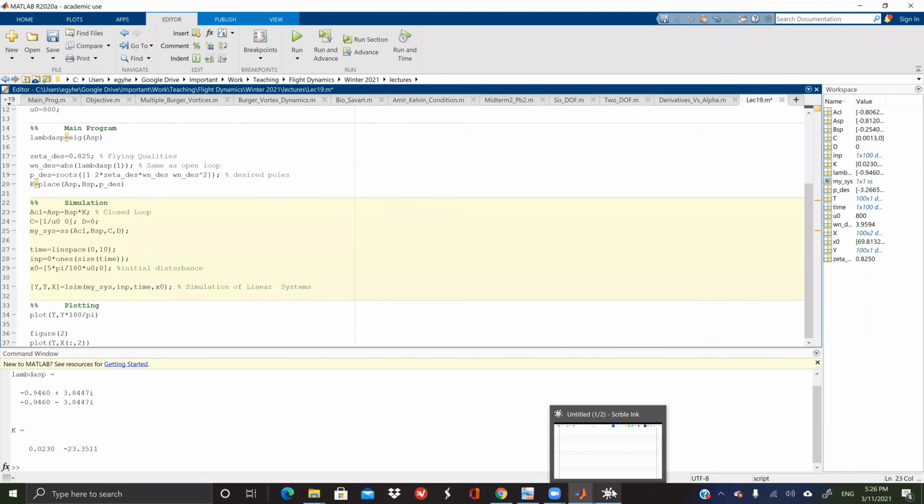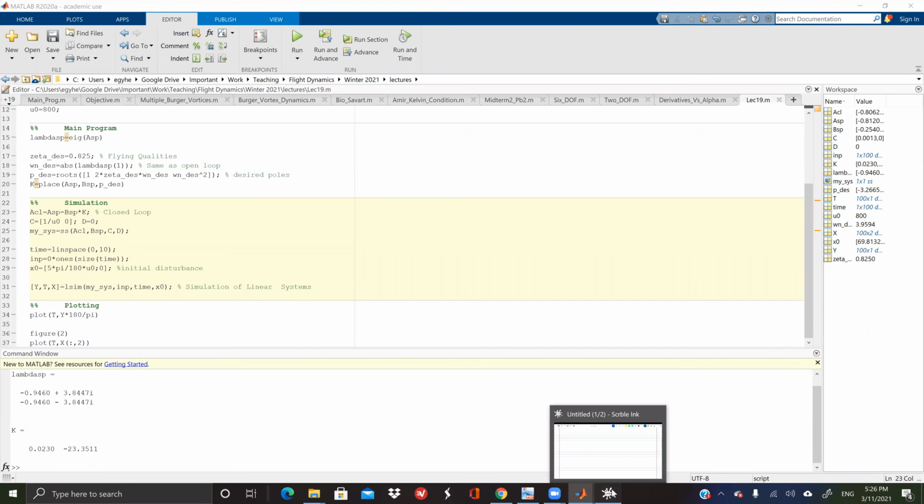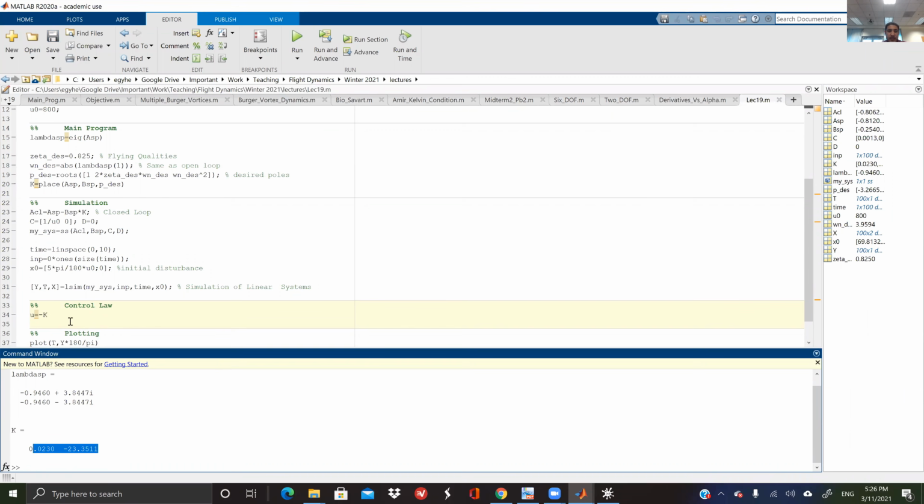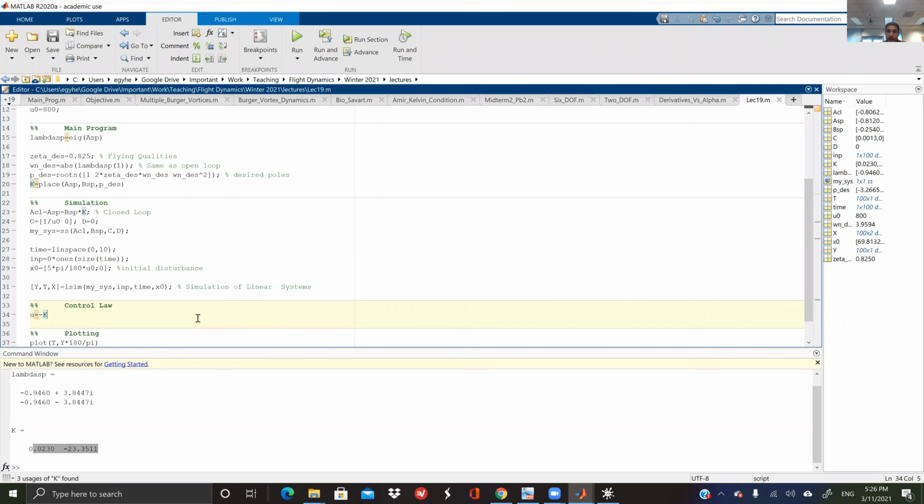Don't you take the negative of the gains times the states? Very good, the control law. So here, my control law was simply U is negative the gains times the states. K is a row, times the state as a column, okay?